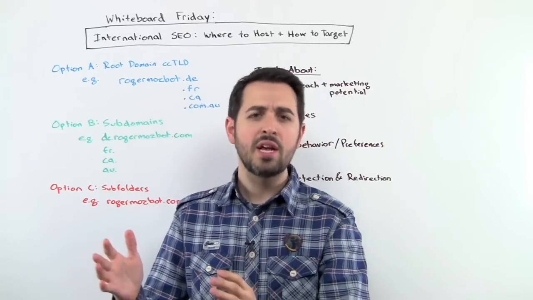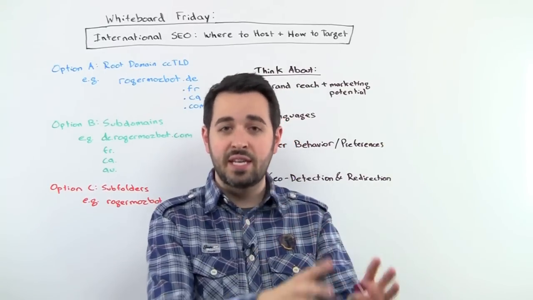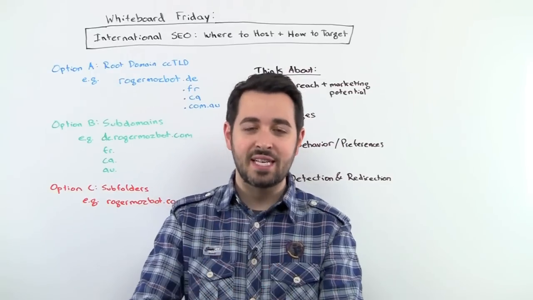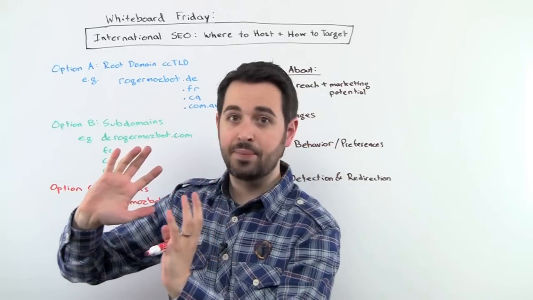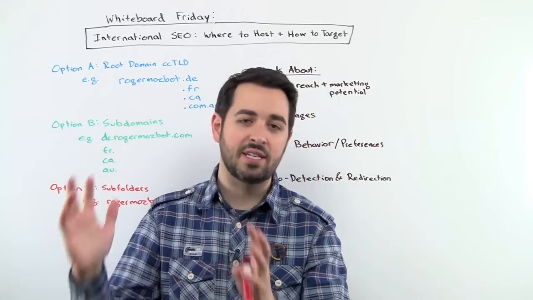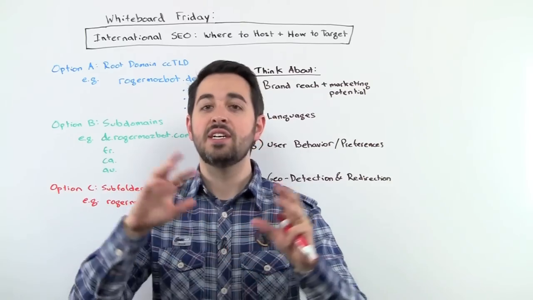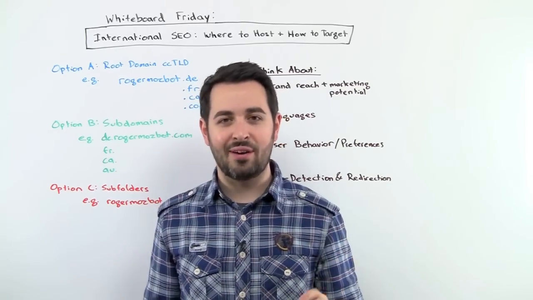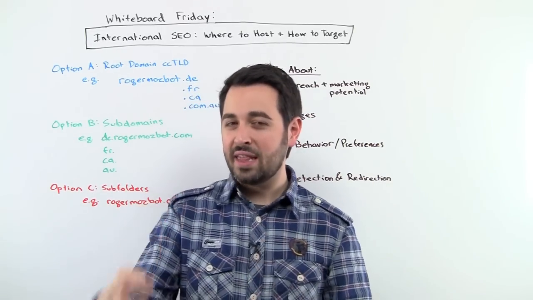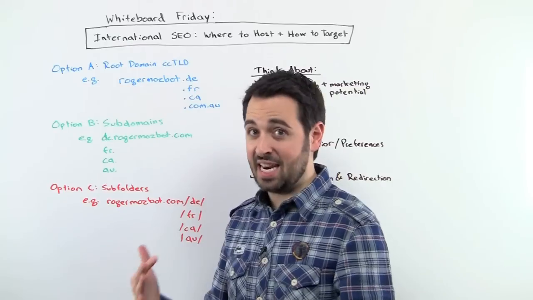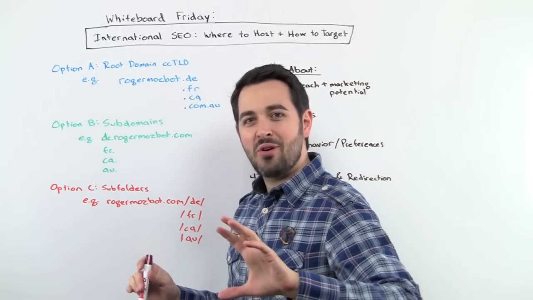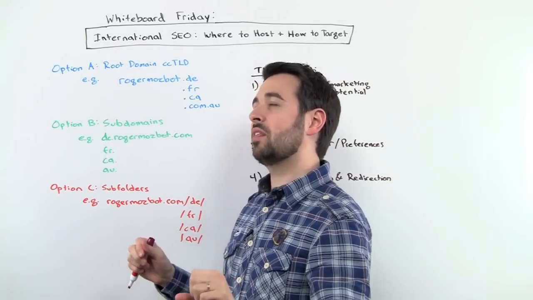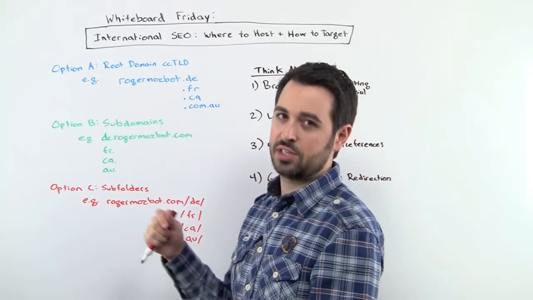They'd say, oh, well, this is the Canada content and it's in English. This is the United States content, that's in English. This is the UK content, the Australian content, the South African content, the New Zealand content. Great, and we can figure it all out. But unfortunately, the engines aren't quite this sophisticated yet. And so we have to play a little bit with the best practices and the rules around this.